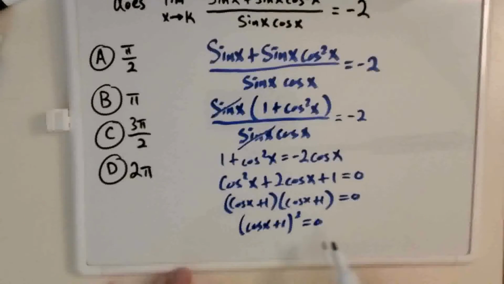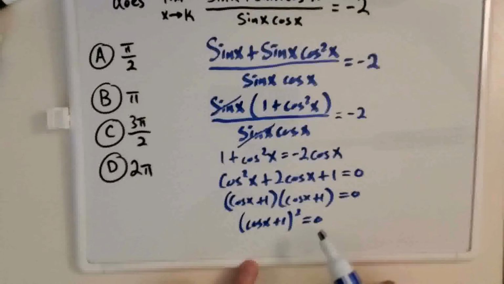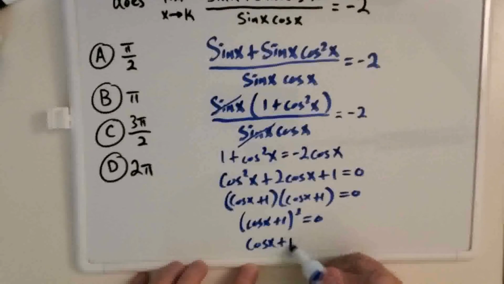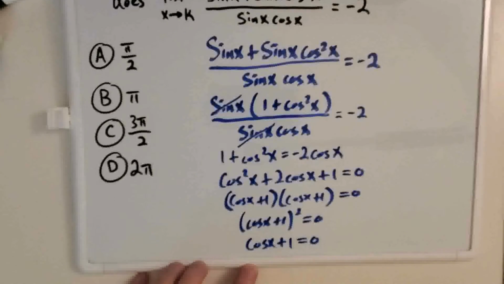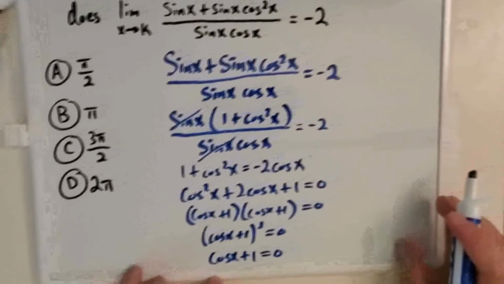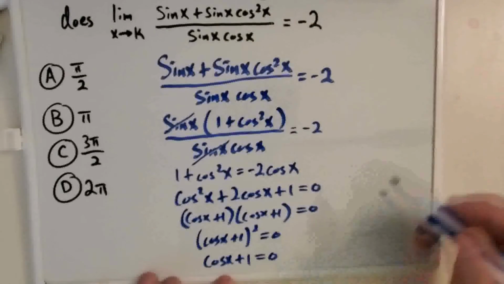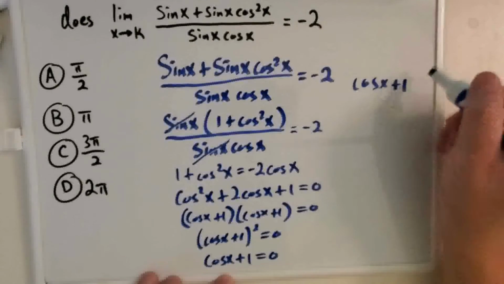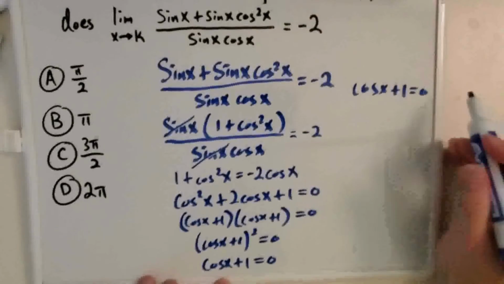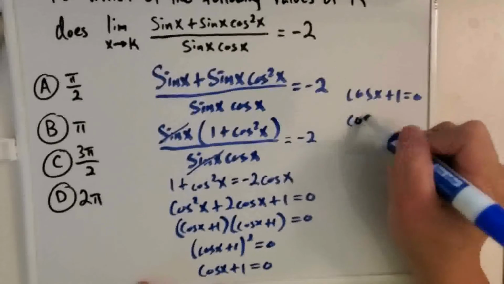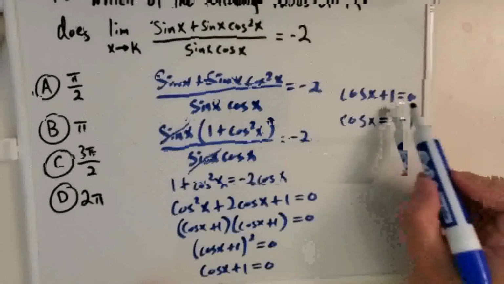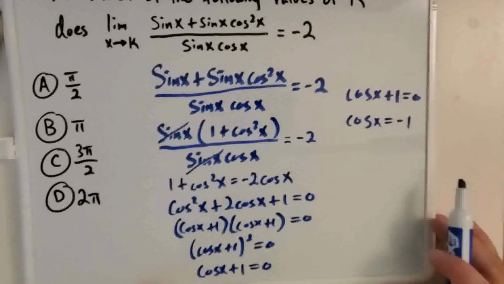Now we can square root both sides, and this would just give me cosine x plus 1 equal to 0. That means I also want cosine x equal to -1 by subtracting 1 on both sides.